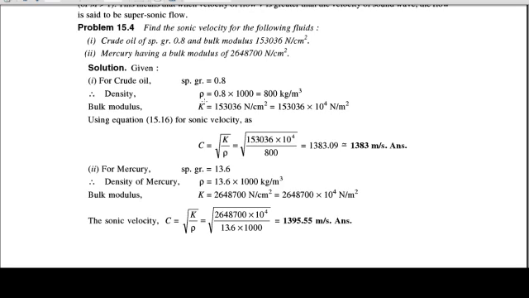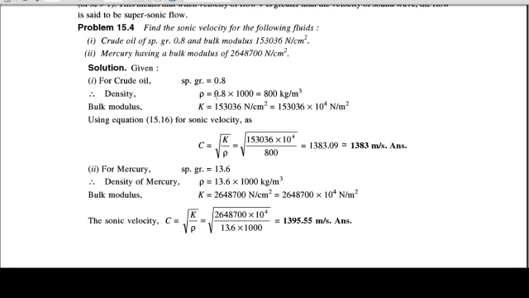Here they have given the bulk modulus, and they have given the specific gravity of the crude oil. Specific gravity of the crude oil is 0.8. From that we can calculate the density.